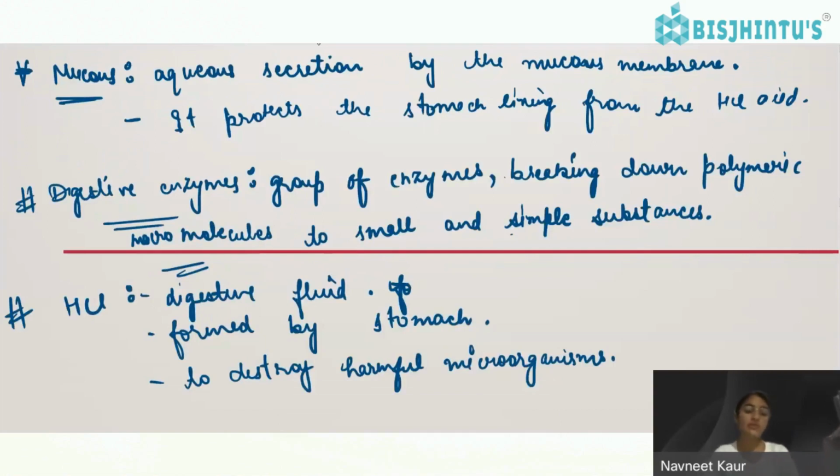And next we have learned about digestive enzymes, that a group of enzymes are responsible for breaking down the polymeric macromolecules to small and simple substances. And we have also learned about HCl, that it is a digestive fluid which is formed by stomach, and its function is to destroy the harmful microorganisms.